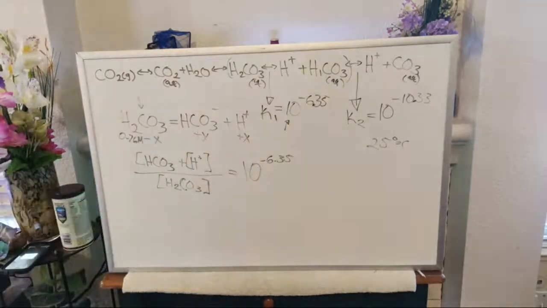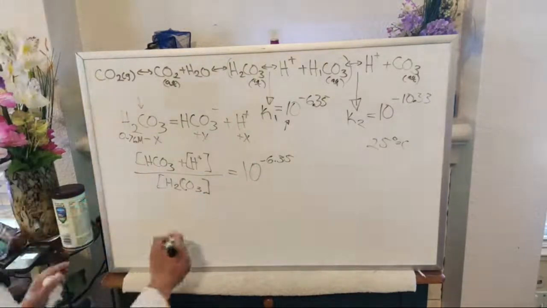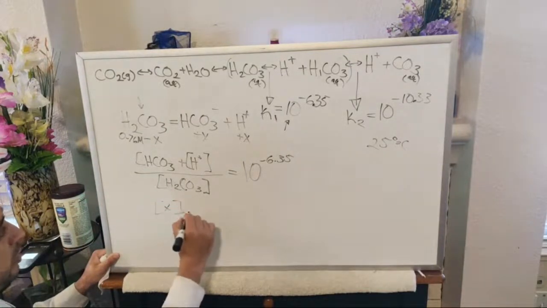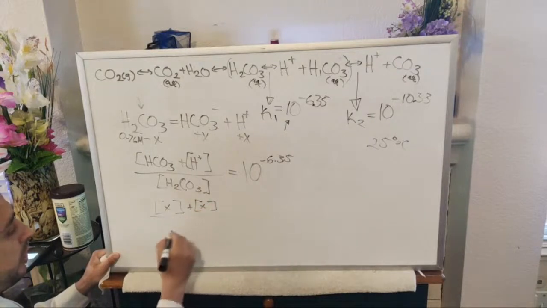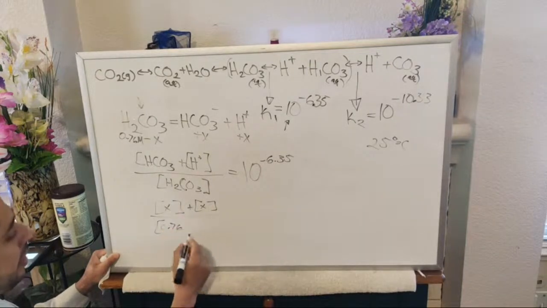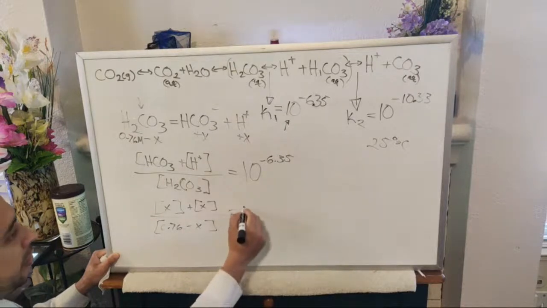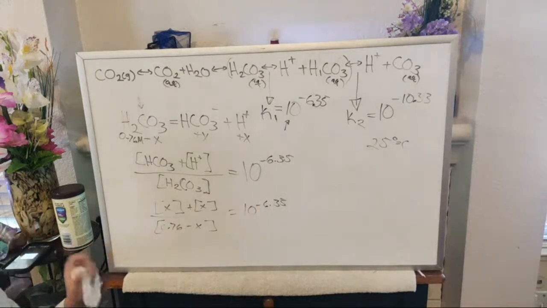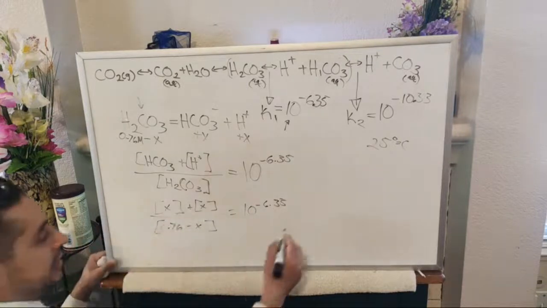And then what you're going to be left with is an unknown amount plus another unknown amount over 0.76 minus X equals 6.35.